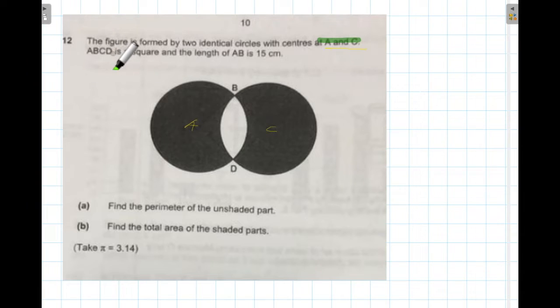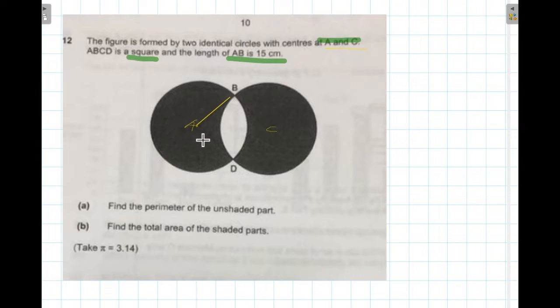ABCD is a square and the length of AB is 15 centimeters. So I'm going to connect it. A is here, B is here. It's a bit hard to draw on here.